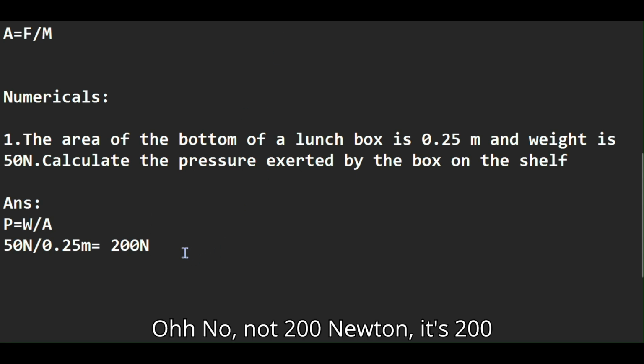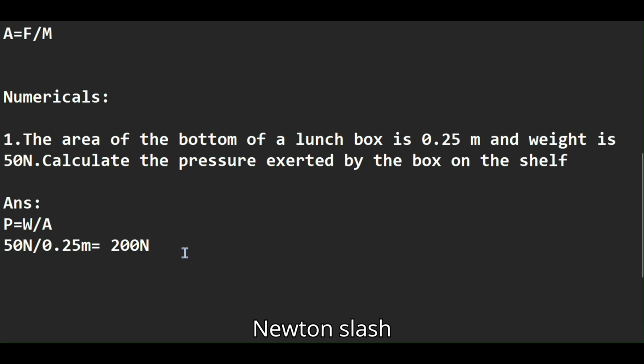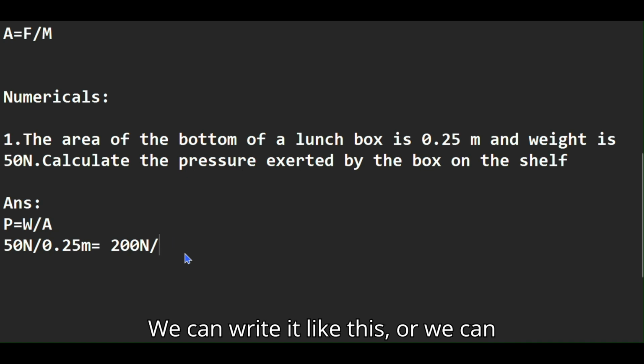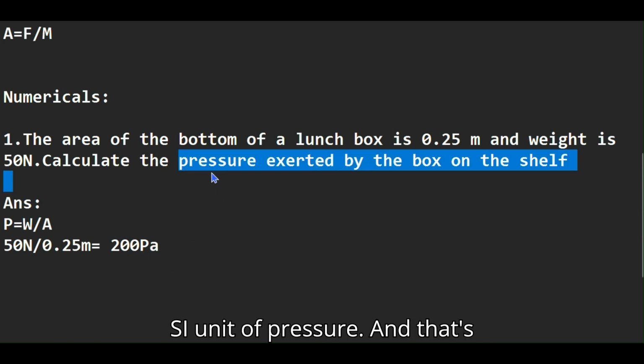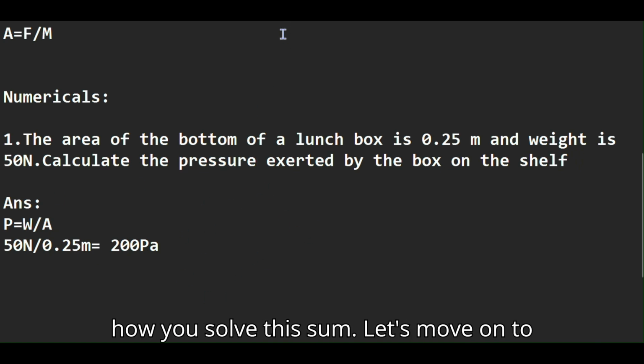Oh no, not 200 Newton, it's 200 Newton per meter square. We can write it like this, or we can write it as 200 Pa, since Pascal is the SI unit of pressure. And that's how you solve this sum. Let's move on to the second sum.